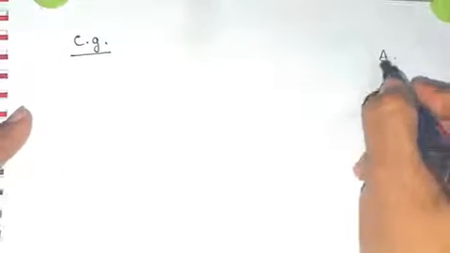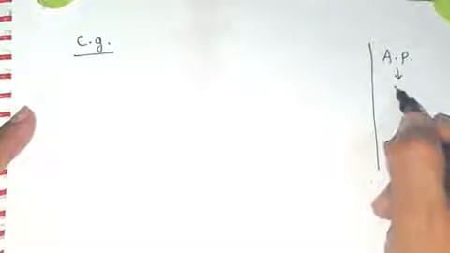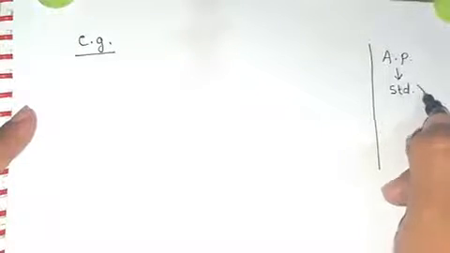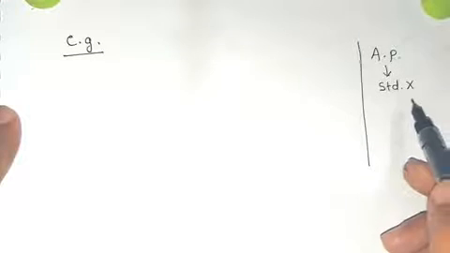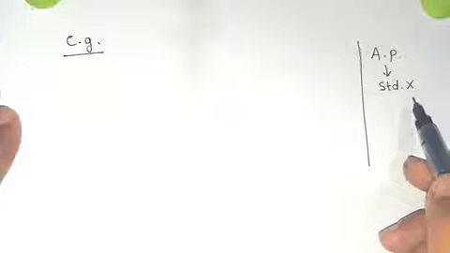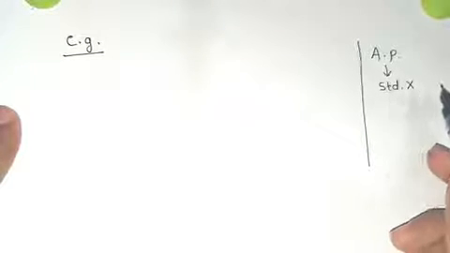Now next question we can take with the help of another topic, AP, that is arithmetic progression, which you have studied in standard 10th. Dear bachcho, do you remember you have studied 3 numbers which were in AP in standard 10th.